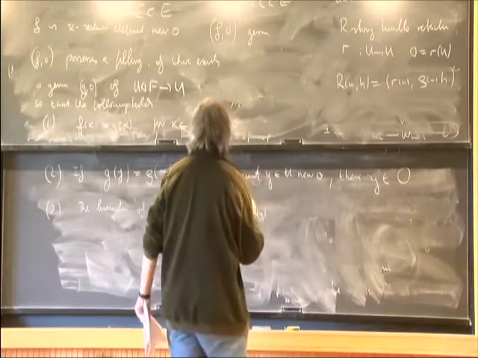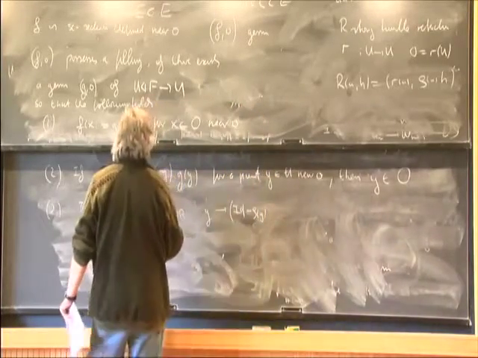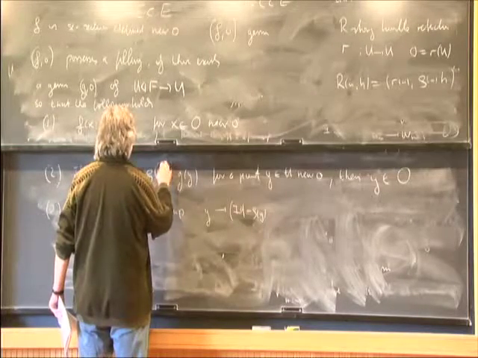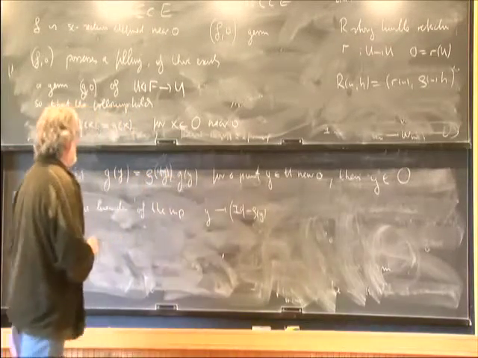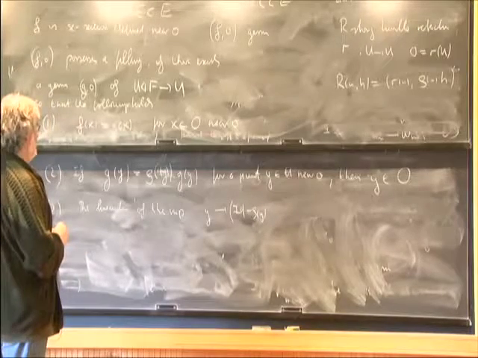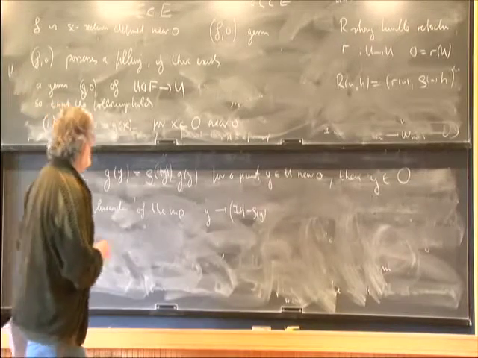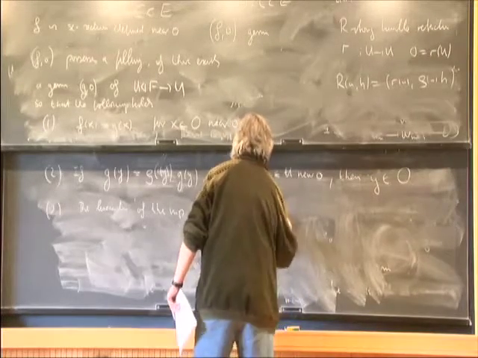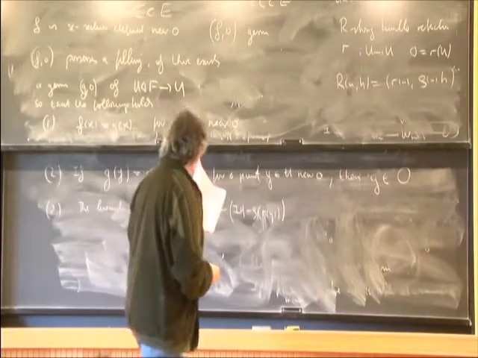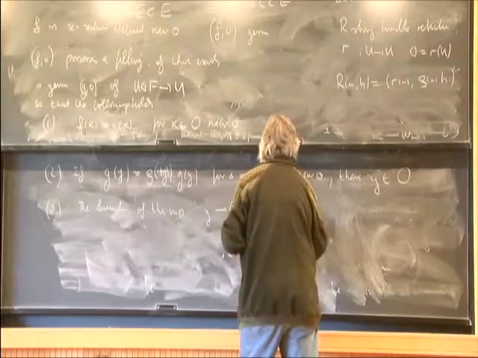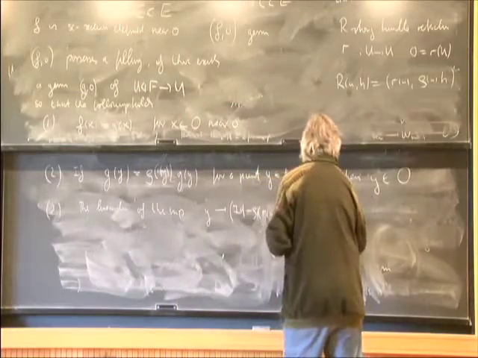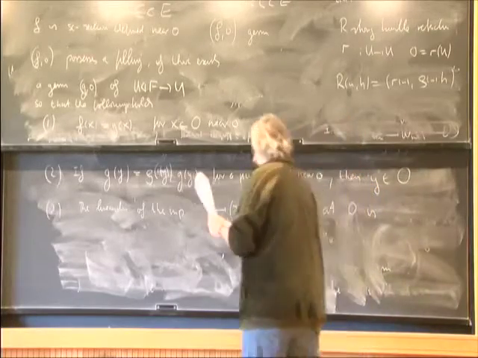I should write, I think here I actually have to write r of y. Yes, if this is true, I should write r of y. And here, the linearization of the map at 0 is an isomorphism.